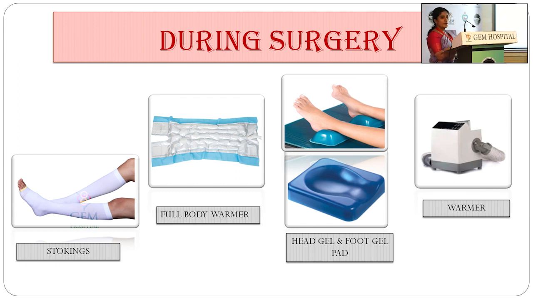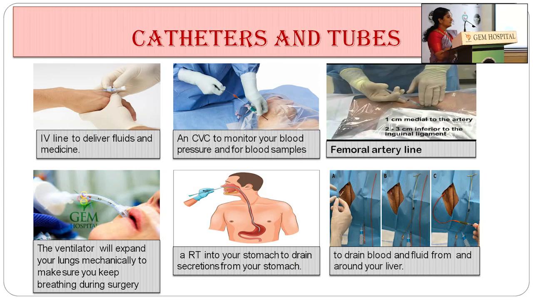During the surgery, the patient is in supine position, will wear a stocking, and will be lying over a full body warmer, and a head gel and foot gel pad will be placed, and the room warmer will be there inside the OT.